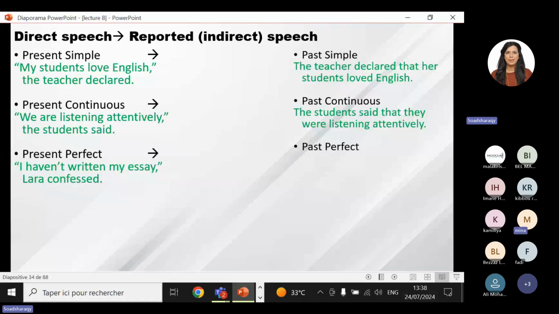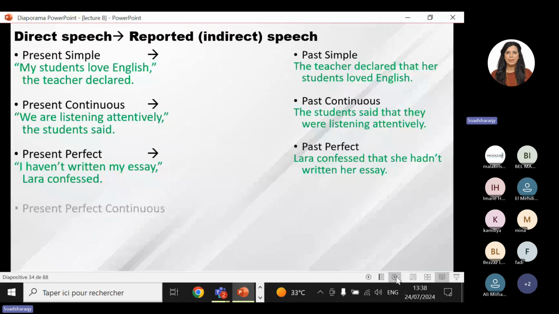Lara confessed that she hadn't written her essay. Okay, let me check your answer. Excellent. So Lara confessed that she hadn't written her essay. Okay, so we changed the present perfect into past perfect. Good.